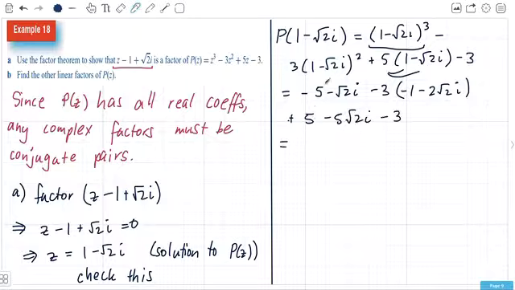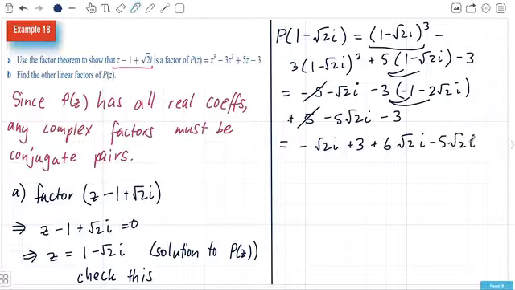I can see straight away here I've got a cancellation, minus 5 and plus 5. I've got minus root 2i left over, plus 3. I'm expanding this now. Plus 6 root 2i, minus 5 root 2i, minus 3, and you can see the plus and the minus 3 cancel. 6 root 2 minus 5 root 2 is root 2i minus root 2i.